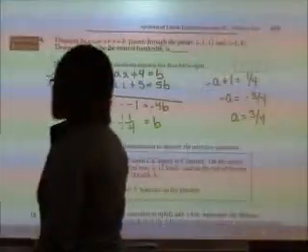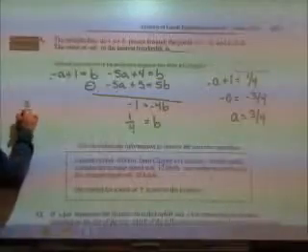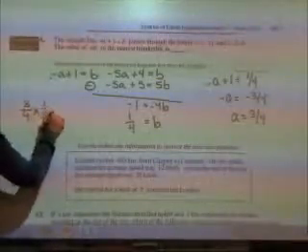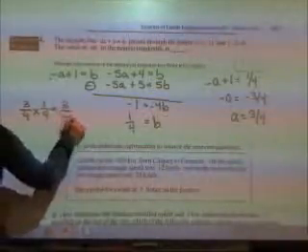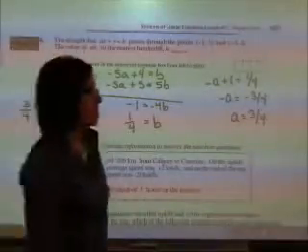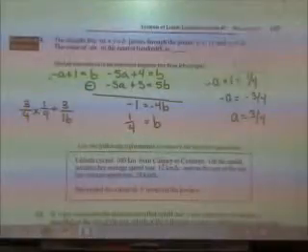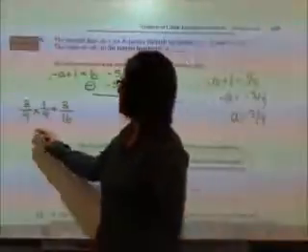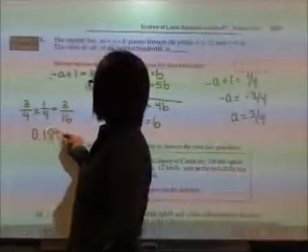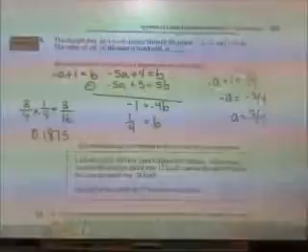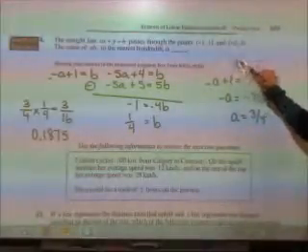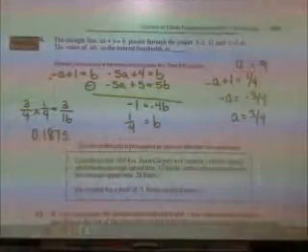So then when I multiply these, 3/4 times 1/4 is 3/16, which as a decimal is 0.1875. So to the nearest hundredth it becomes 0.19.